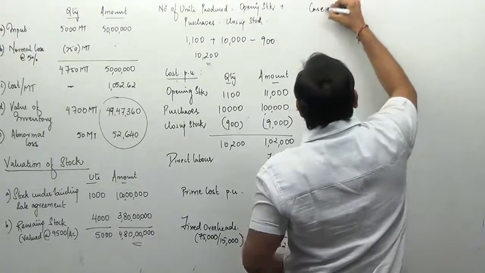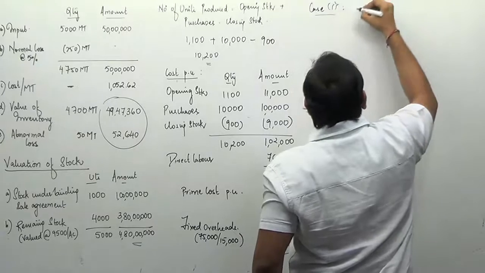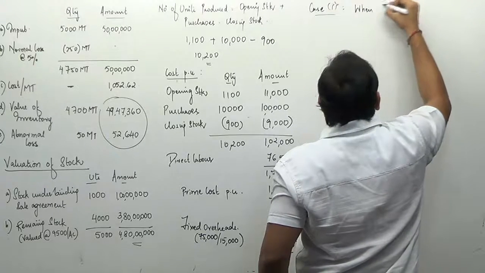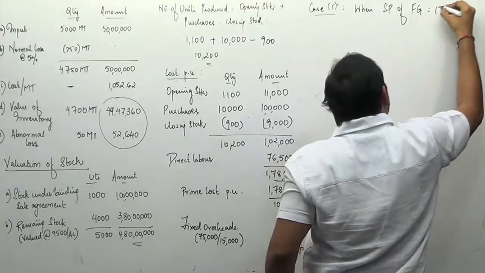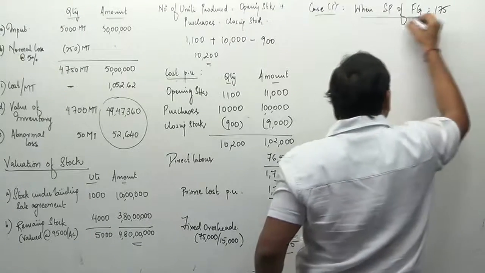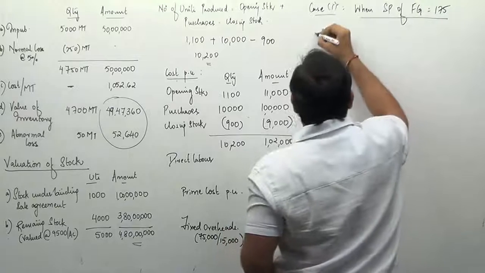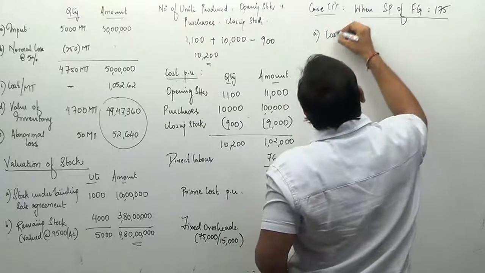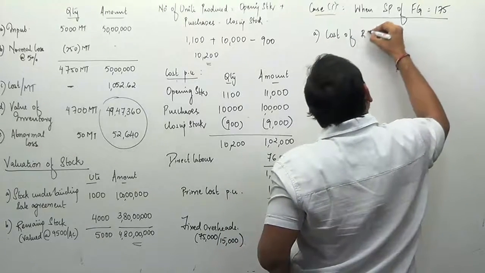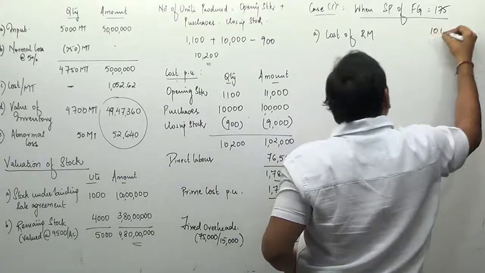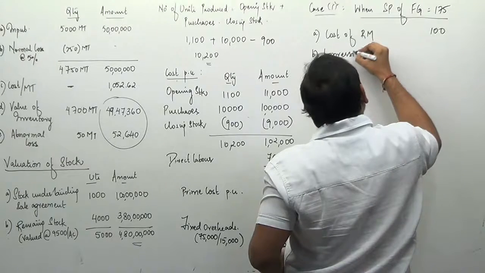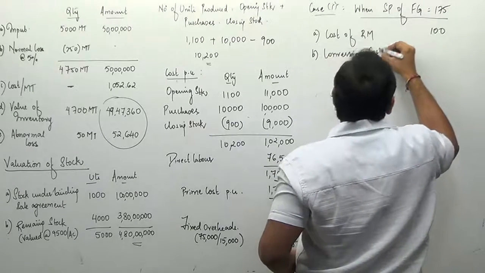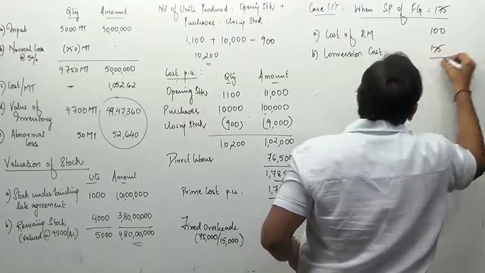Case 1. When the selling price of finished good is equal to 175. In this case, first, what is the cost of raw material? 100. My conversion cost for raw material to become the finished good, I'll have to incur 125 more.